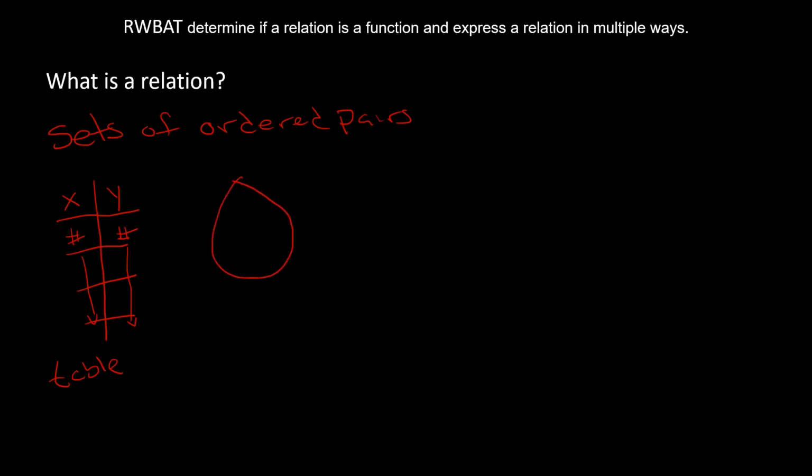Mapping is when we have one set of numbers or one set of any type of integers, whole numbers, any ordered set that we have here that would come to this output over here, and this is mapping.